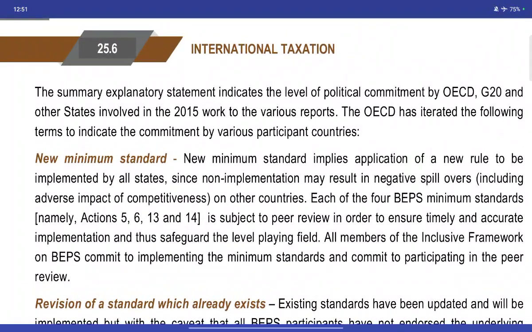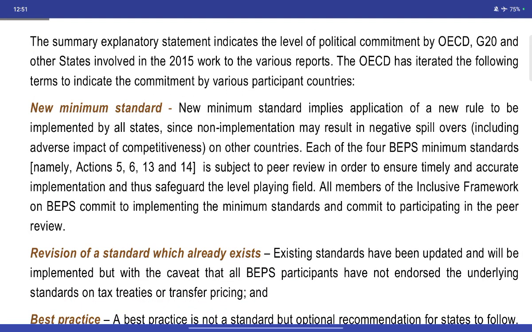A summary explanatory statement indicates the level of potential commitment of the OECD, G20 and other states involved in the 2015 work on the various reports. The OECD uses the following terms to indicate the commitment of the various participating countries.